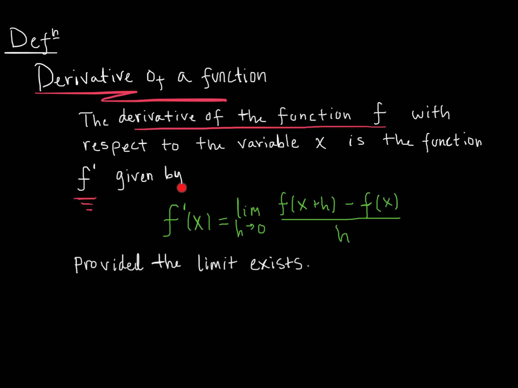So what you can think of f prime of x as, it's the derivative of f, which is another way of saying a function that gives you the slope at any point of f, or the function that gives you the instantaneous rate of change at any point of the function f. And the derivative is a very powerful tool that we will come back to over and over again.